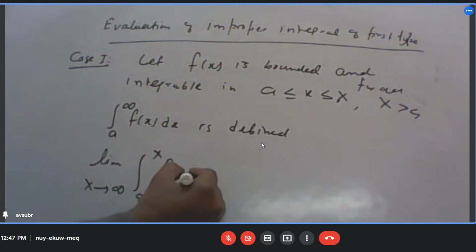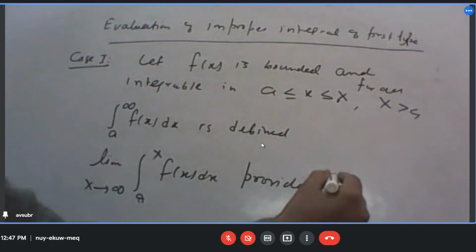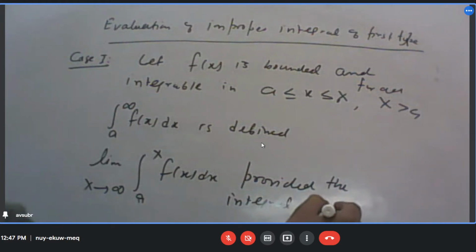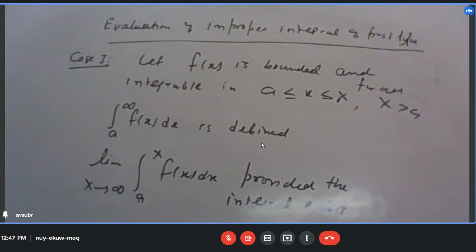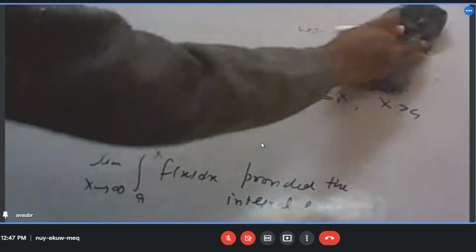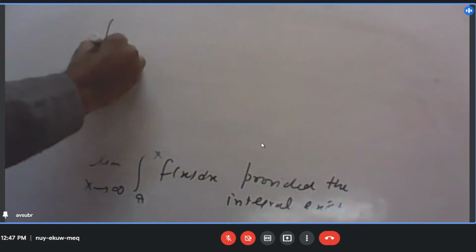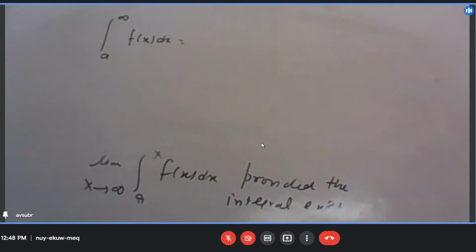So I can define it like this, provided the integral exists. In other words, provided it converges. So that is how I can evaluate it. I can write it down more formally like this: I have been given an integral like this, which is an improper integral.